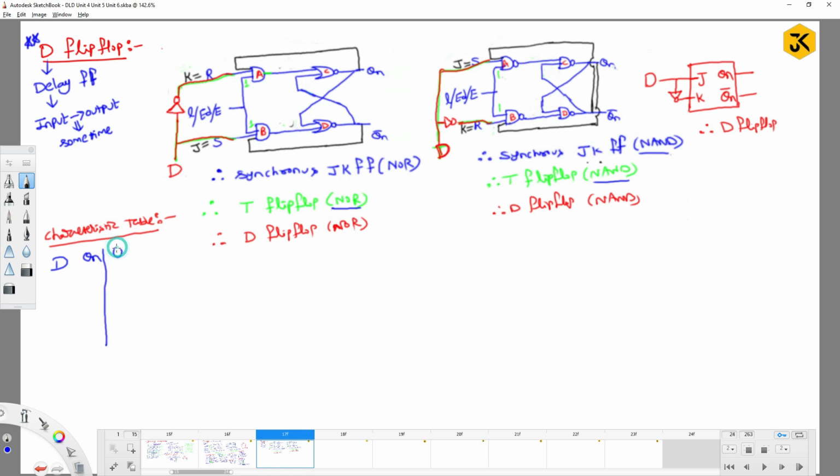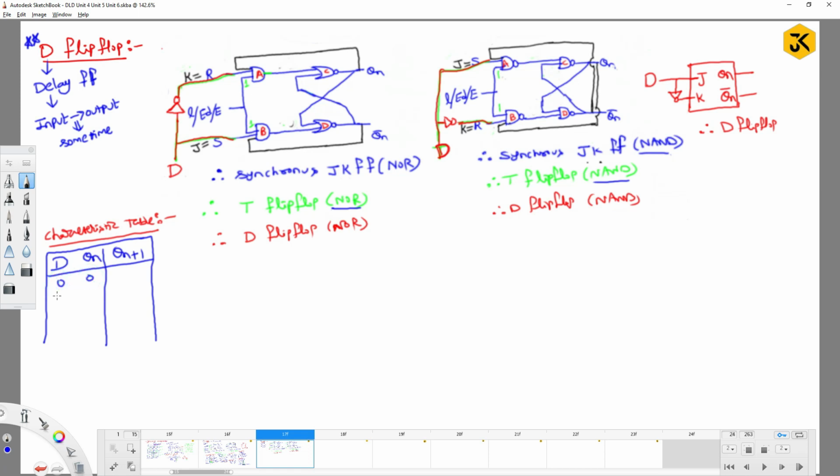Then what might be Qn plus 1, I am going to write directly, guys. If you want, you can analyze it to get this characteristic table. In earlier videos we went through how to derive the characteristic table for the JK flip-flop as well as the SR flip-flop. You can go through that to get an idea of how to debug these circuits, right? Here I am going to have two variables.